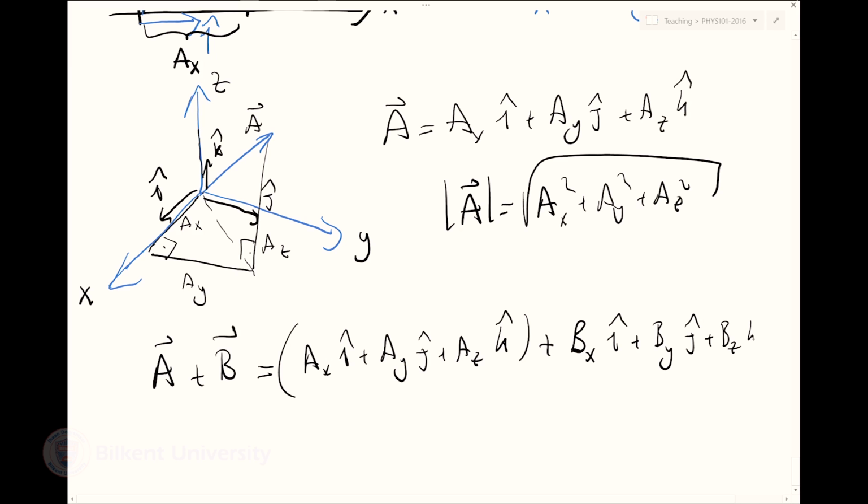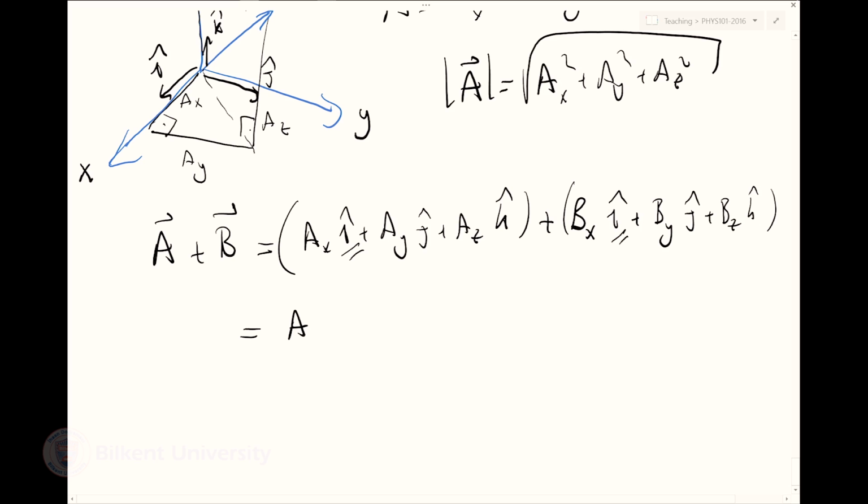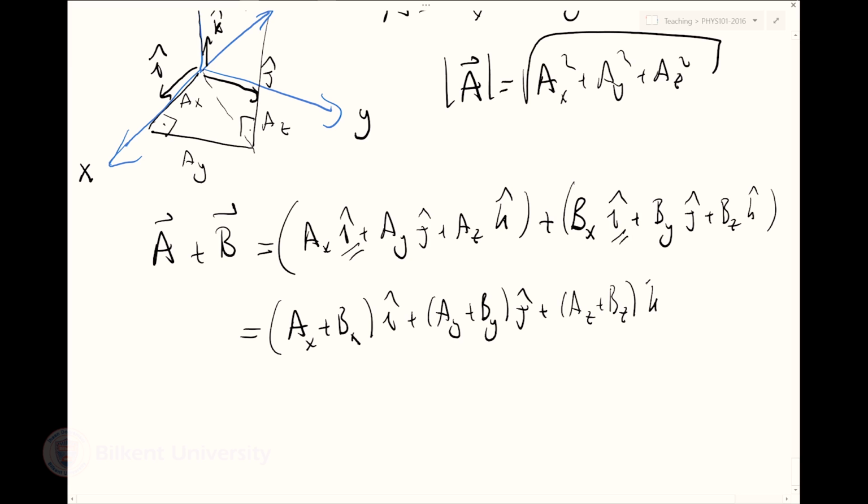And when I add these up, ax and bx are both multiplying i, so I can collect them together. It's going to be ax plus bx i hat, ay plus by j hat, and az plus bz k hat.